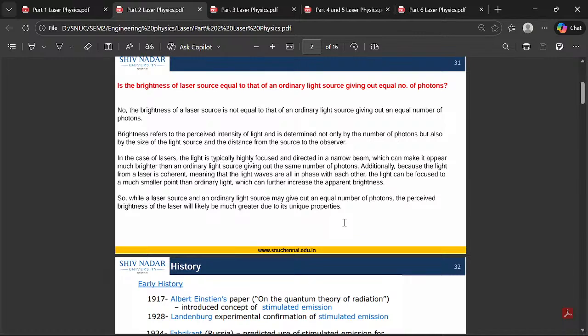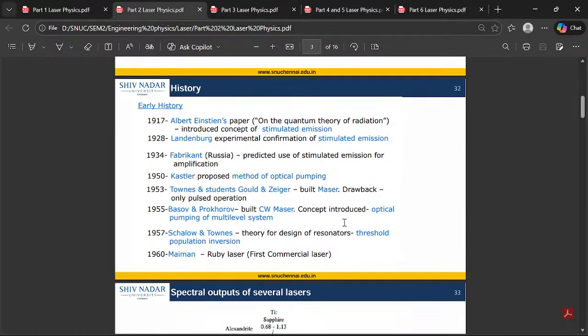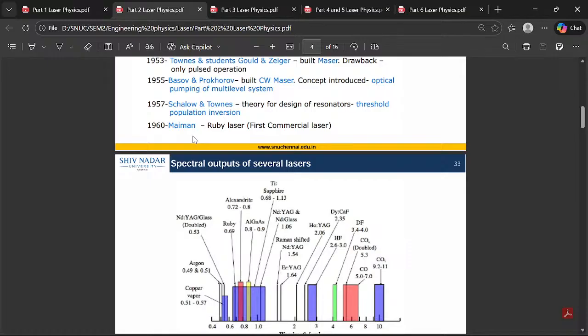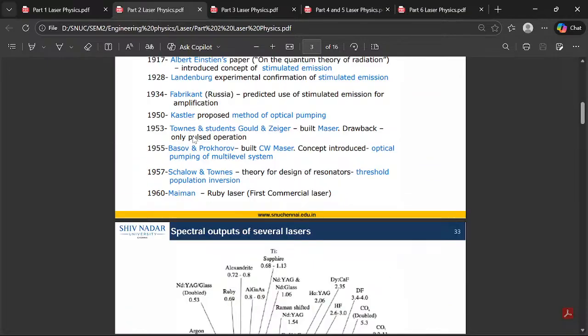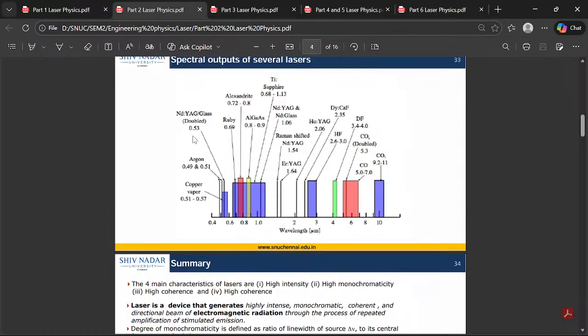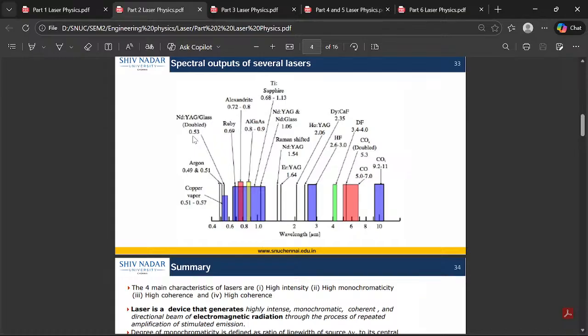That's what is given in this slide. It just goes through the earlier history of how the laser was invented, starting with Albert Einstein's paper, which he published. These are spectral outputs of types of lasers.